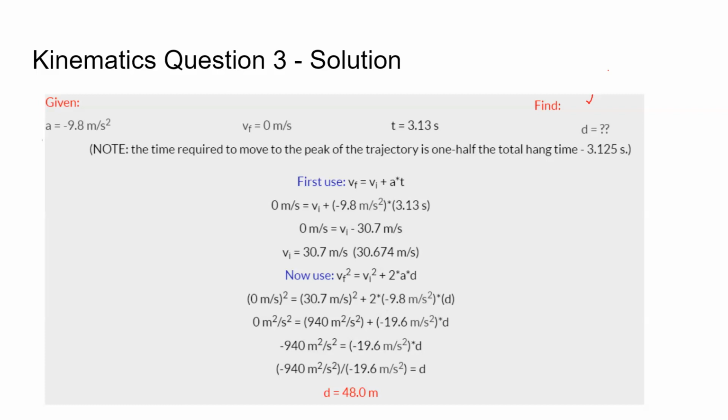Because we had to find that initial velocity first, now using this second equation, we can solve for the height that the ball was thrown to. Plugging everything in, plus the initial velocity that we found in the previous equation, we will get an answer of 48 meters. And that's how high the ball traveled.